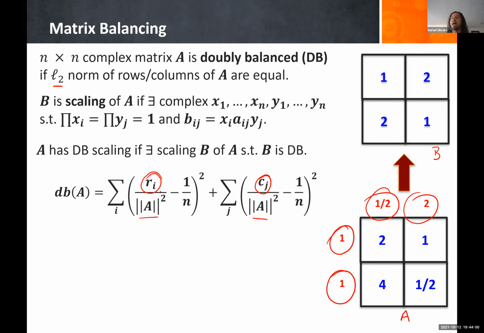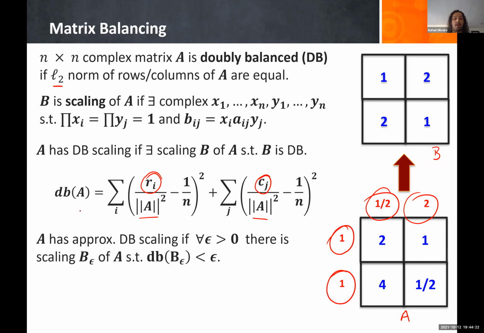So a doubly balanced matrix will be a matrix such that this dB of A is equal to 0. Because literally, this is the distance of your matrix from being doubly balanced. And we'll see how that comes up later in the geometric invariant theory that Ramadas talked about.